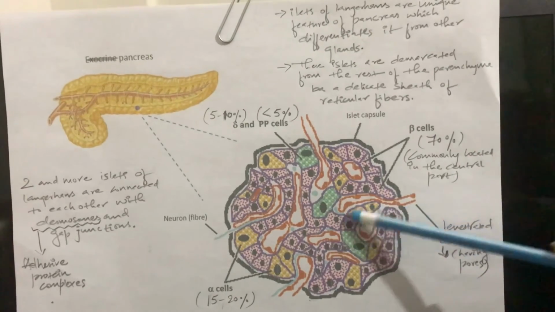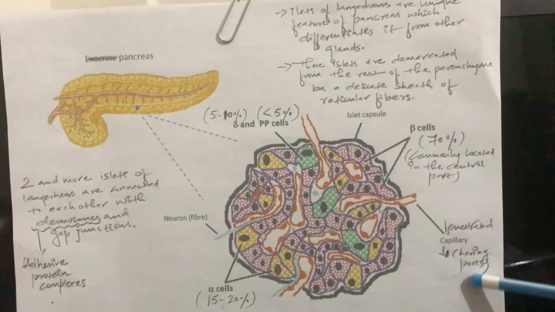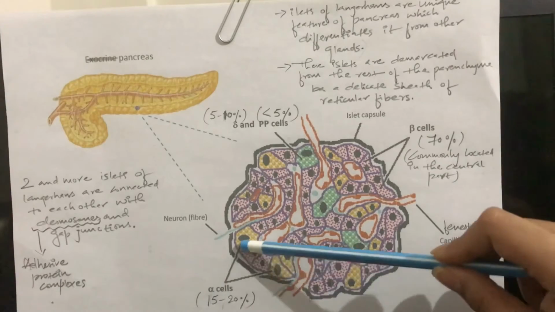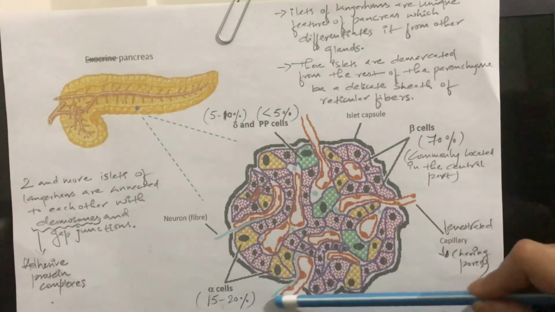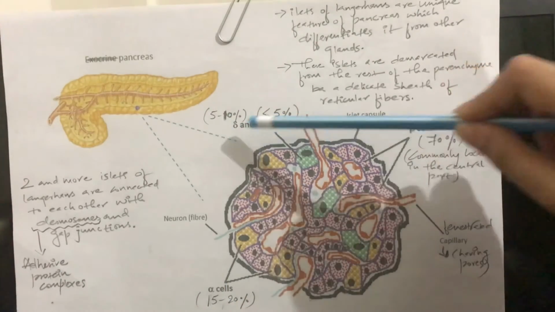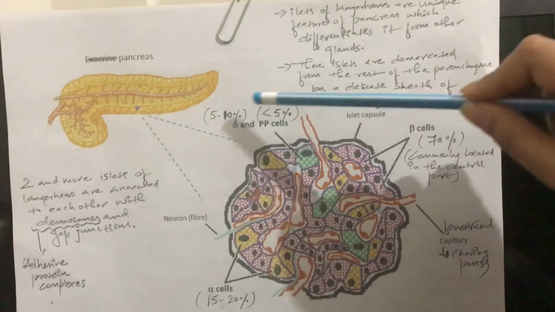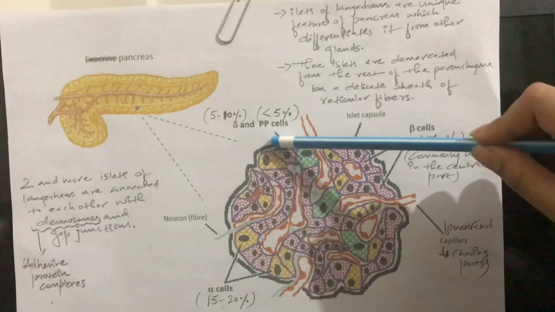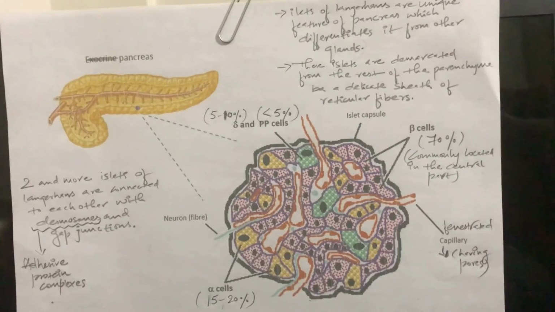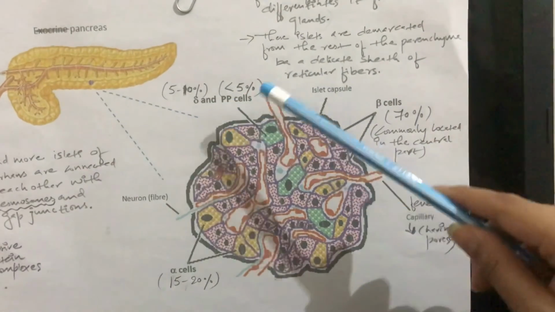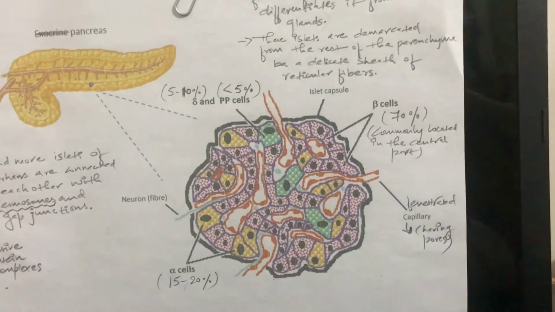These are fenestrated capillaries that have pores. These are alpha cells, 15 to 20%. Then these are delta and pp cells, 5 to 10% delta cells, less than 5% pp cells. pp is pancreatic polypeptide cells.